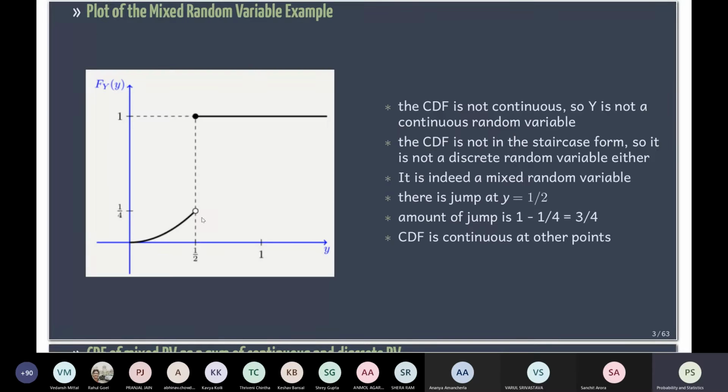So to extract a continuous part, we have to make it flat like this after half, where it stays at 1/4. That could be extracted as the continuous part, and then the discrete part could be this.